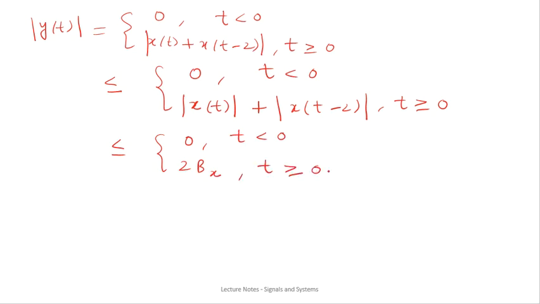This is quite obvious since we have assumed the magnitude of xt as bx. So the magnitude of output will be less than or equal to twice bx, whatever be the value of this bx.